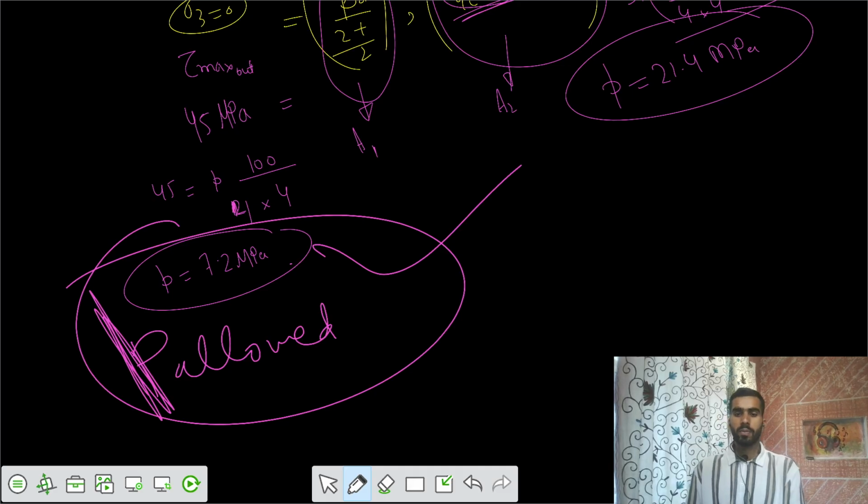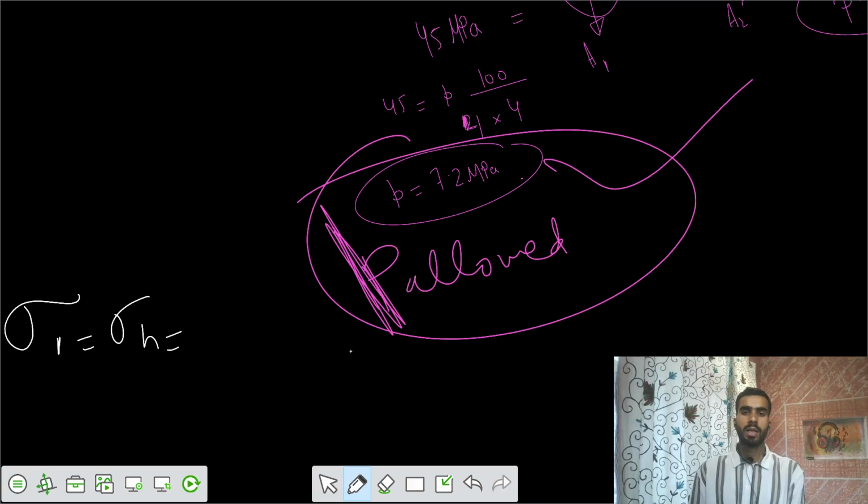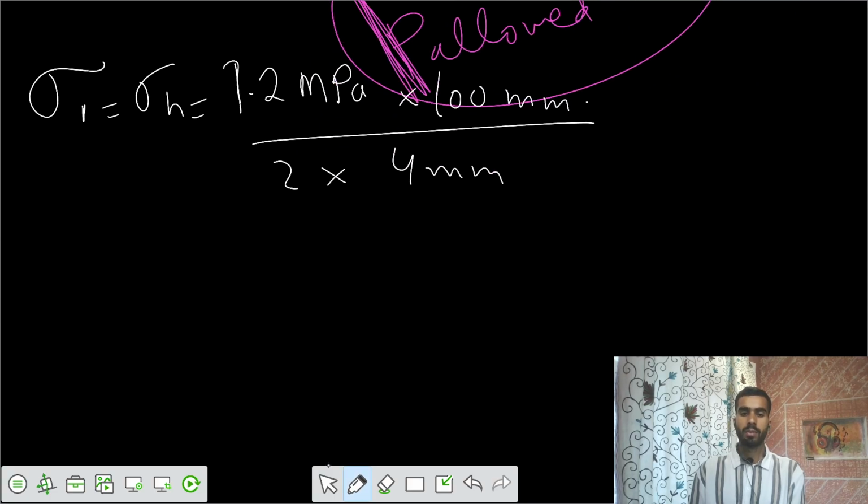So if I substitute P equals 7.2, and I want to calculate the value of sigma 1 at this value of P, that is PD by 2T, I get sigma 1 equals 90 megapascal.